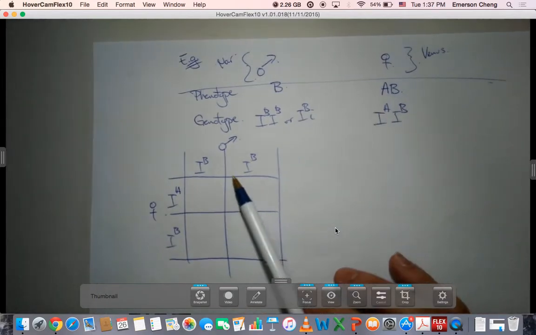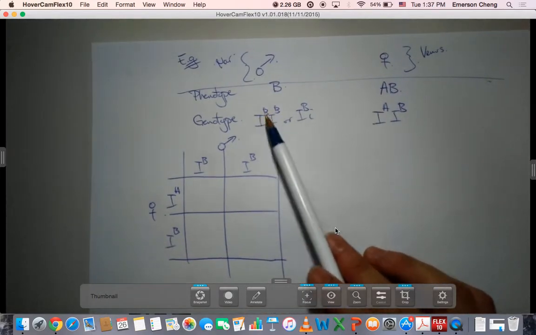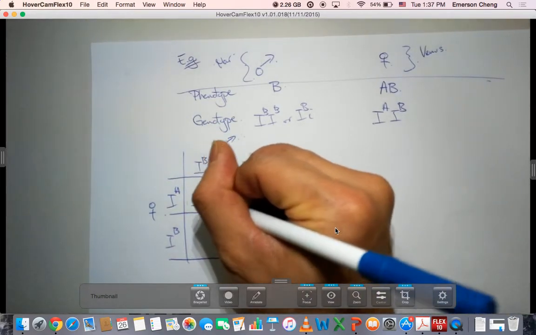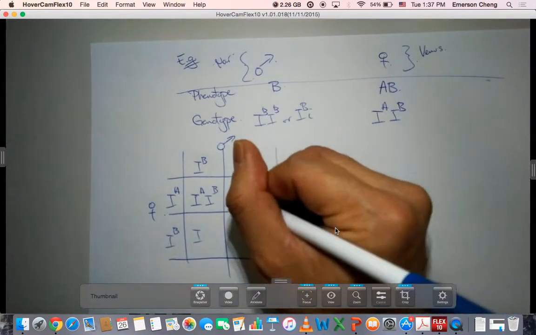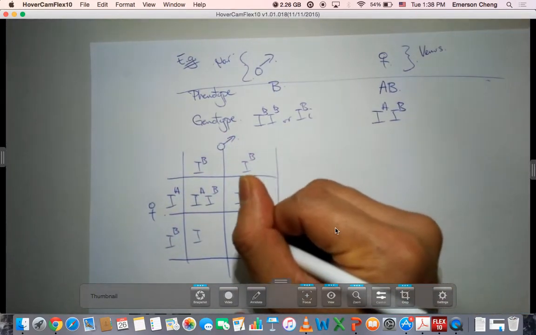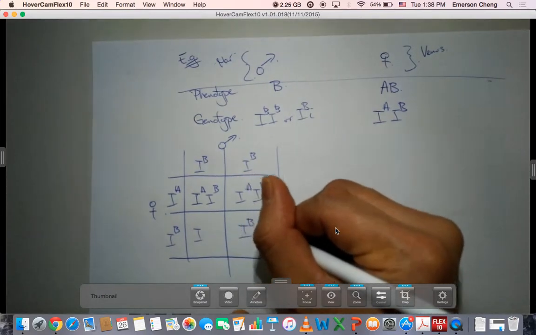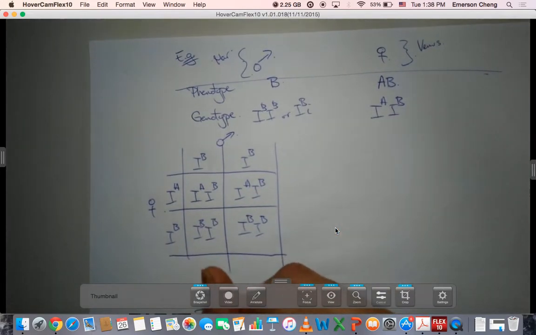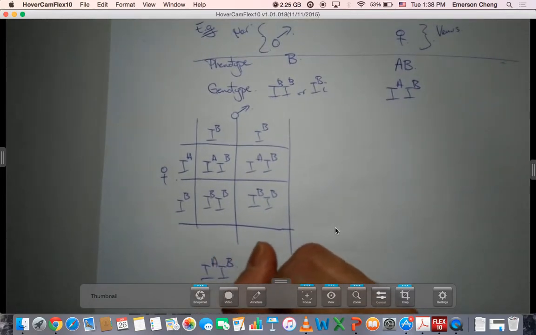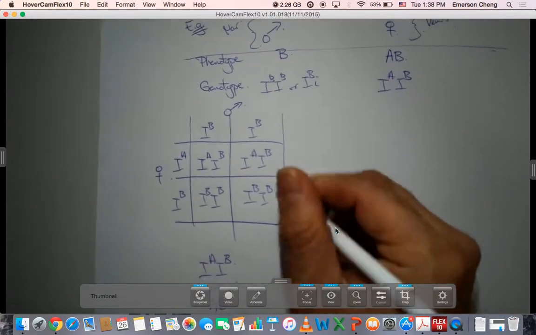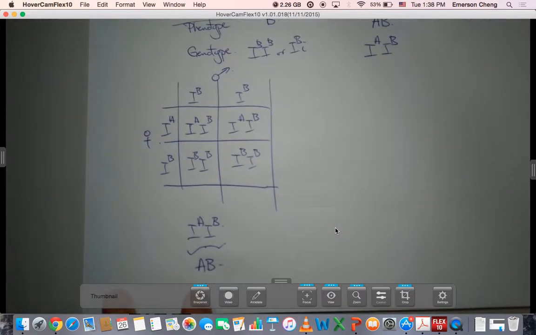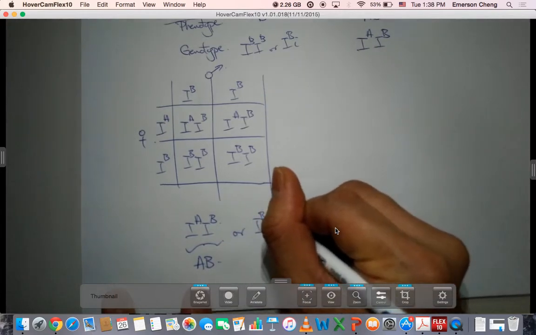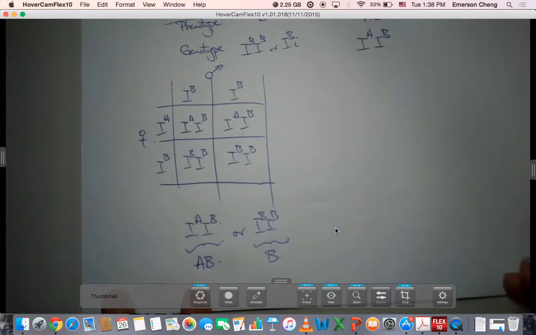If the dad has a genotype homozygous IB, all the offspring will either be IAIB, which is type AB blood, or IB IB, which is type B blood. Okay?